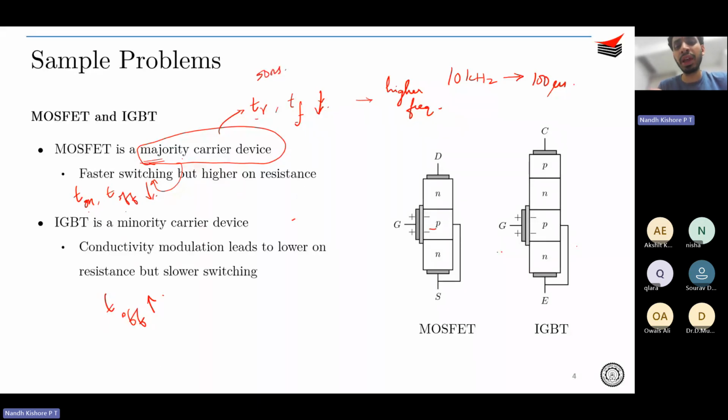So 50 and 50 makes 100 nanoseconds as the total switching time, or the time required for the device to turn on and turn off. So if 100 nanoseconds is your switching time, you can very well operate at 100 kilohertz as well, right? Which is 10 microseconds. So 100 nanoseconds out of 10 microseconds is just 1%, and therefore you can easily go ahead.